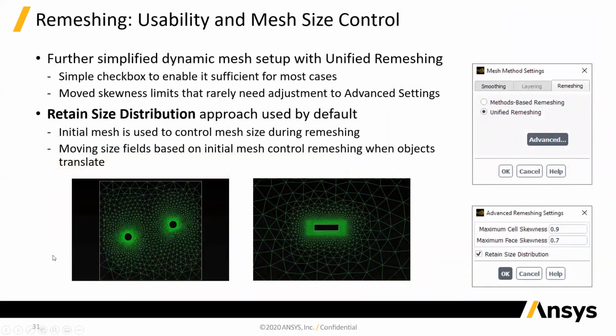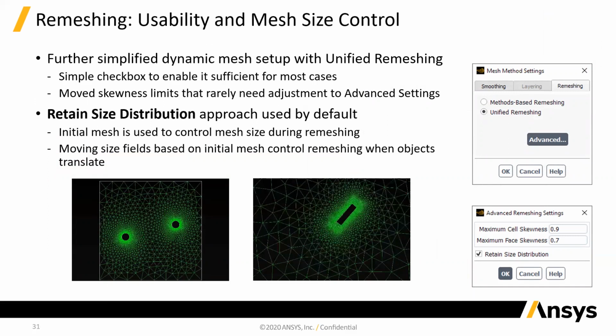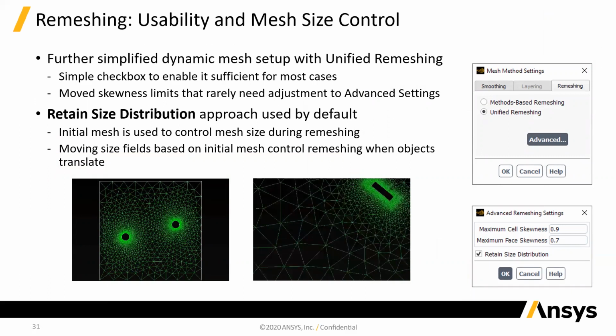Improvements in remeshing. We've been doing a lot of work on this over the last few releases, and as you recall, it's been simplified a lot before. There's now even greater simplification, so that the initial mesh is now used to control the remeshing, and when you've got moving objects, those sizing fields are moving with the objects, and that was apparent in the videos you've just seen.